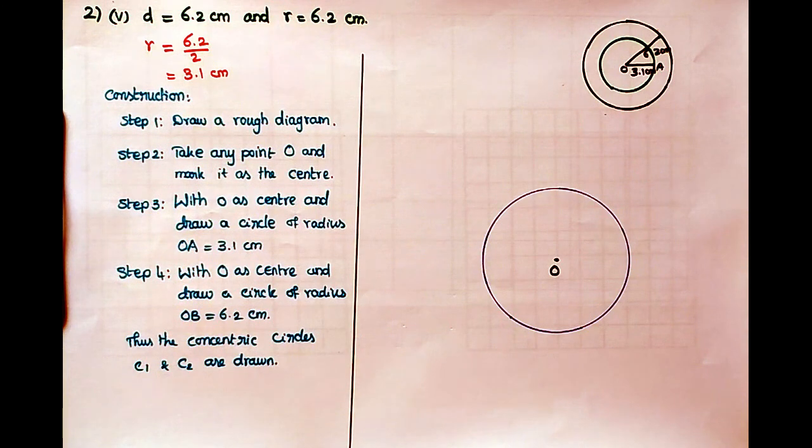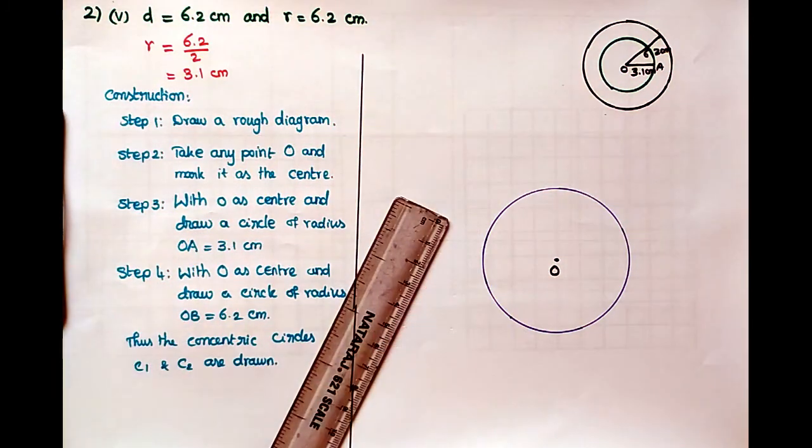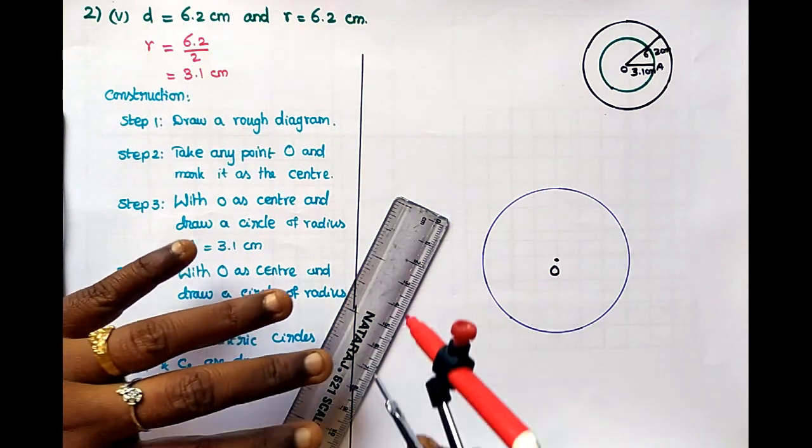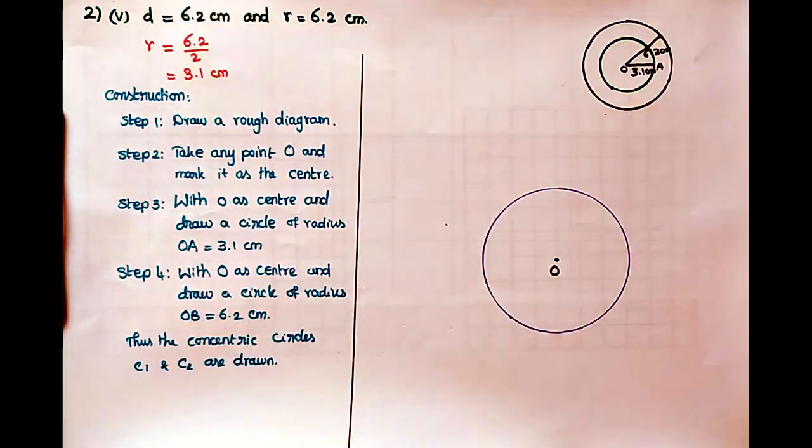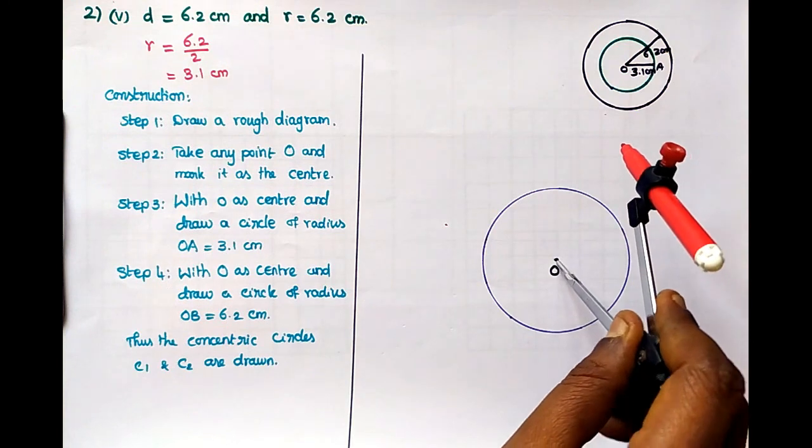And with the same center, measure the radius 6.2 and draw the circle.